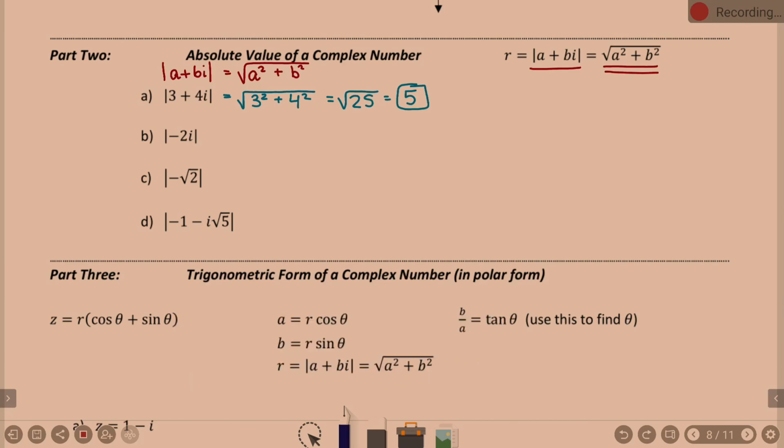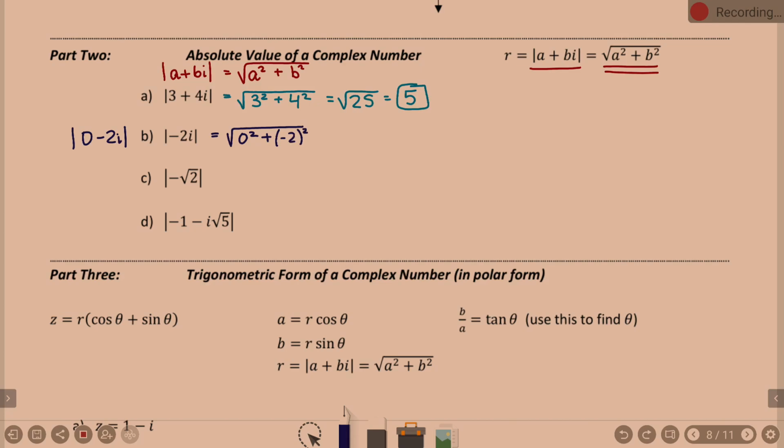Okay? That's the basic example. B, the absolute value of negative 2i. Well, what is a here? 0, yes? Because this is like saying the absolute value of 0 minus 2i. So a squared is 0 squared plus, what's b? Negative 2.